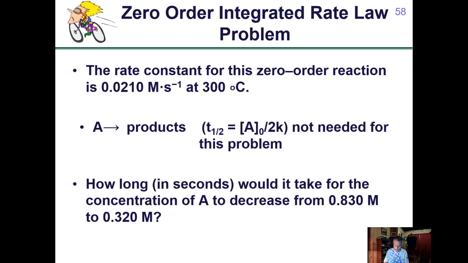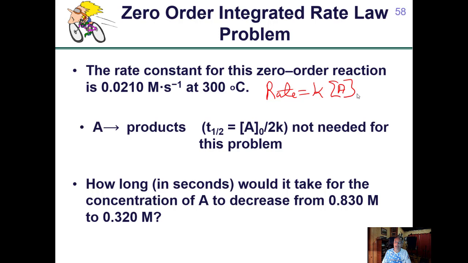So now that we've talked about a first order integrated rate law and a second order integrated rate law, let's talk about a zero order integrated rate law. So here is our reaction, and if I were to write a rate law for a zero order reaction, here's the deal.